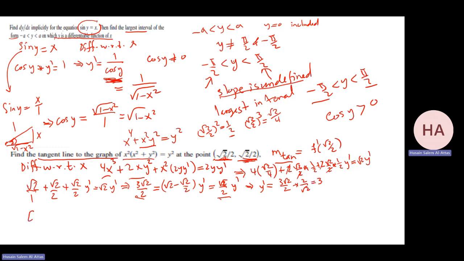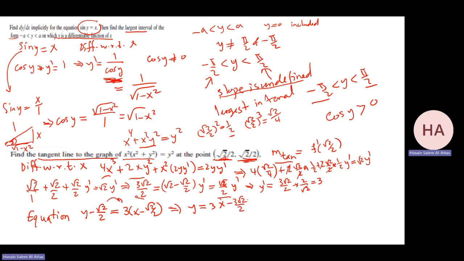So what will be the equation? Y minus root 2 over 2 equal the slope, which is 3, x minus root 2 over 2. So it means y equals 3x minus 3 root 2 over 2.